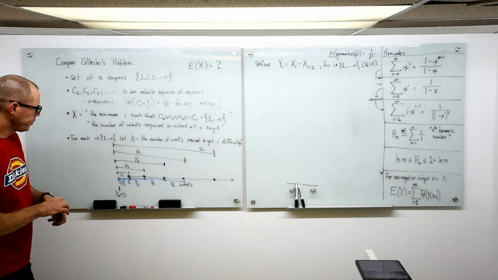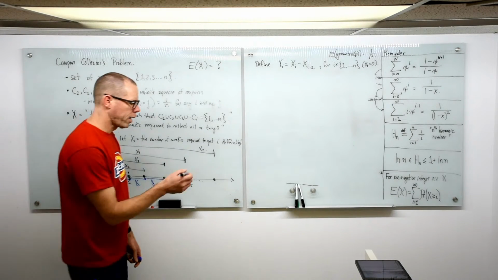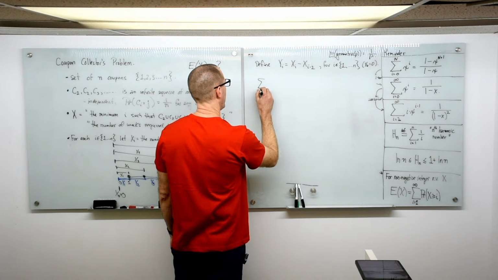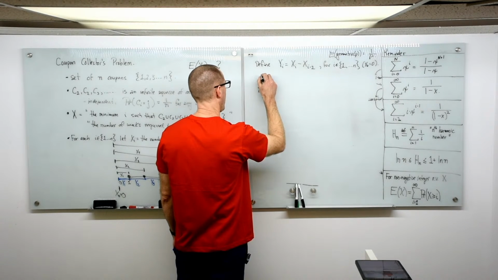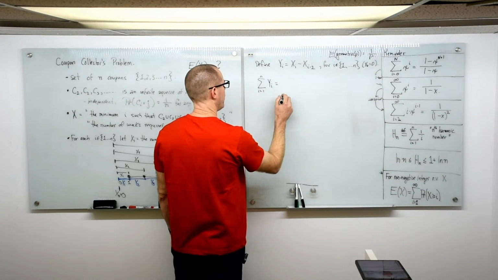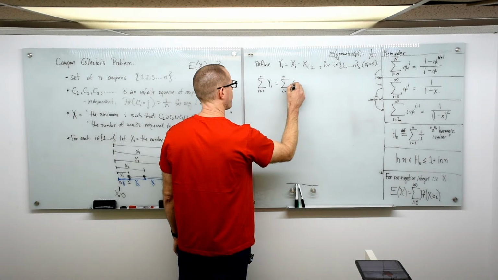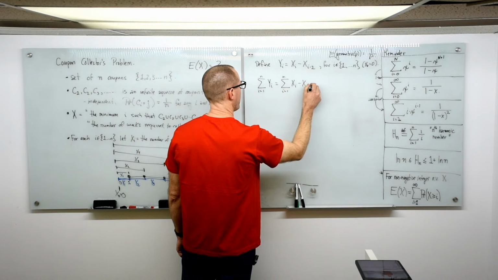And the picture shows it, but we can just check as well. If I sum i equals 1 to n of yi, well, then the definition says that's the sum i equals 1 to n of xi minus xi minus 1.